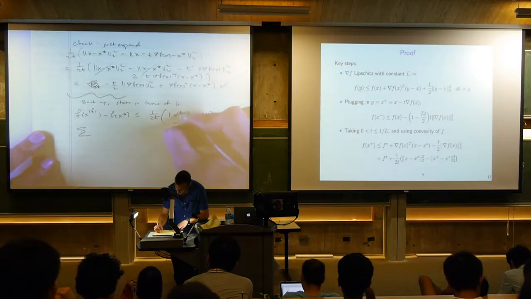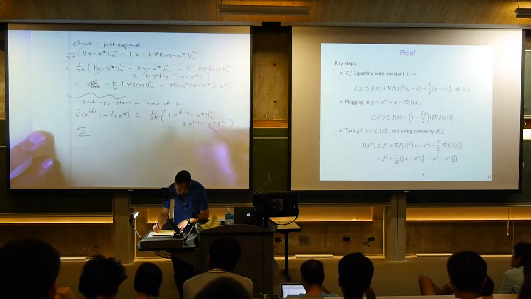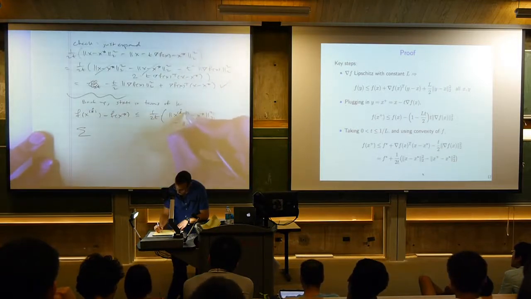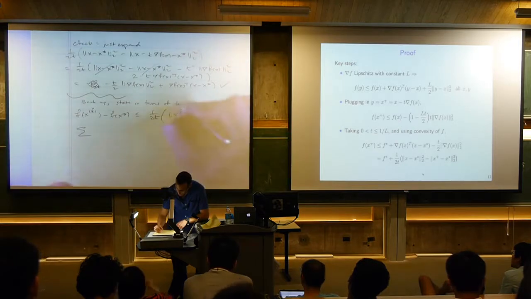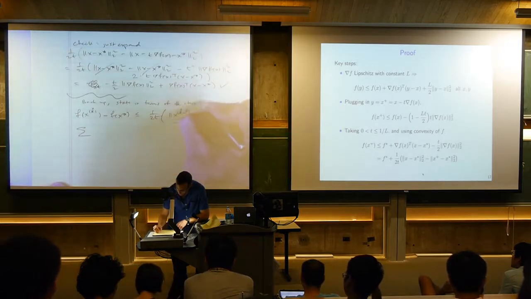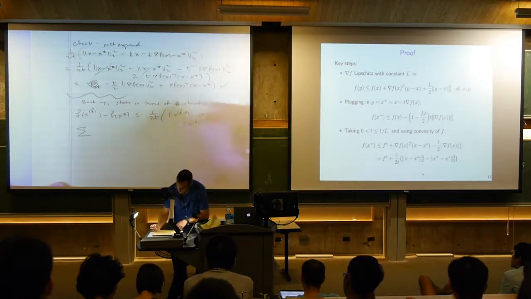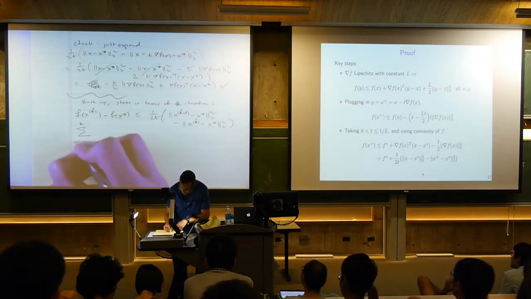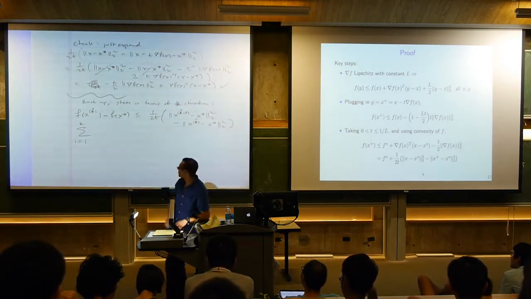It may have been clearer if I used i as the iteration index, because I'm going to want to sum with the endpoint of the sum being k, just not to confuse you too much.